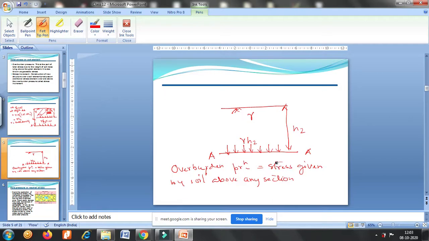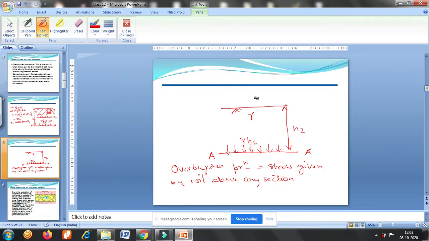Whatever the stress given by the soil above any section is called the overburden pressure. So how to find it? It is the unit weight of the soil multiplied by the depth of the section. Depth of the section at this point is H2. So from that we can calculate the overburden pressure.